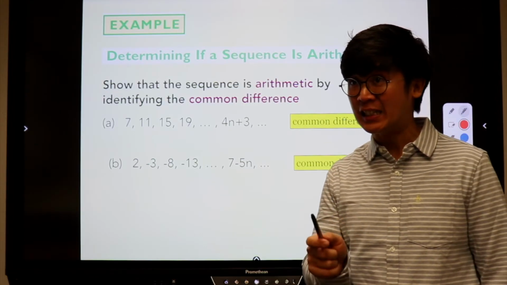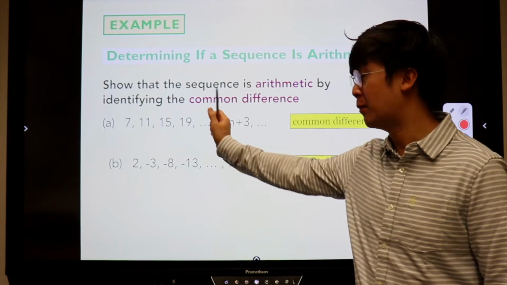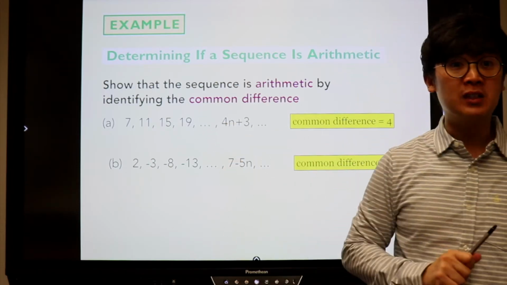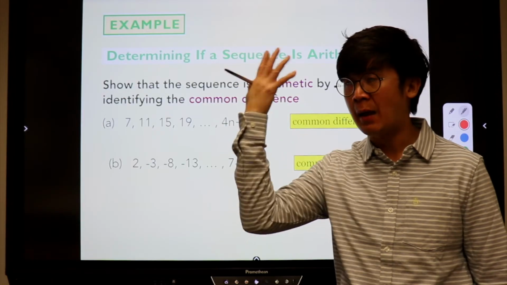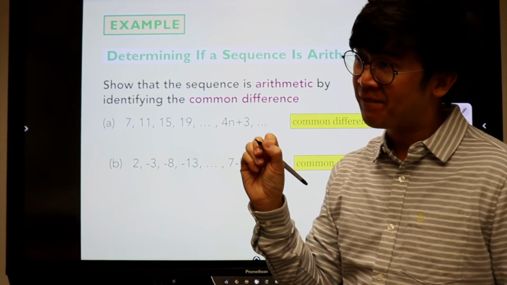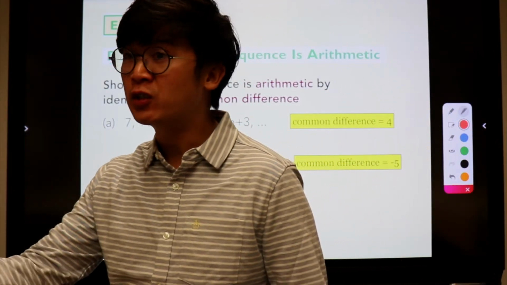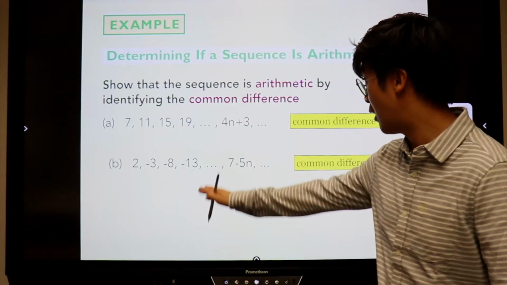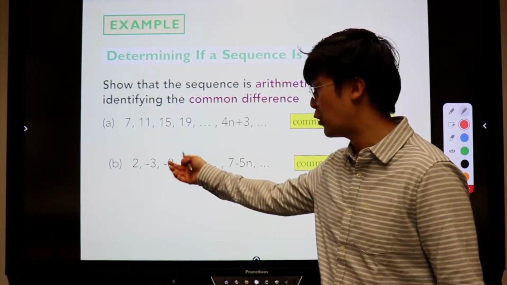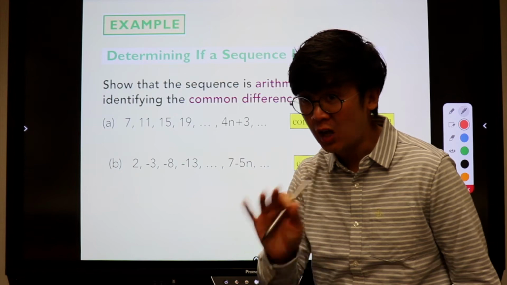And if your sequence is increasing, like problem letter A, expect that your common difference is positive. It's just another pattern, like a rule to think about when you're dealing with sequences. It's either positive or negative, and you know that by just looking at the sequence without even solving it.